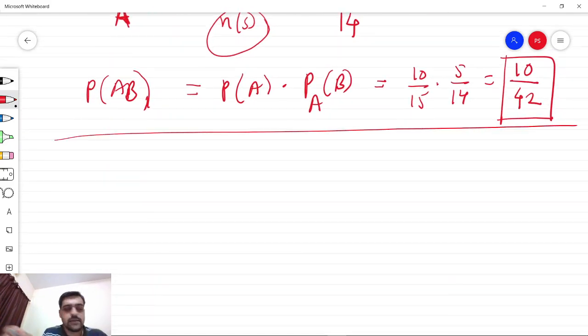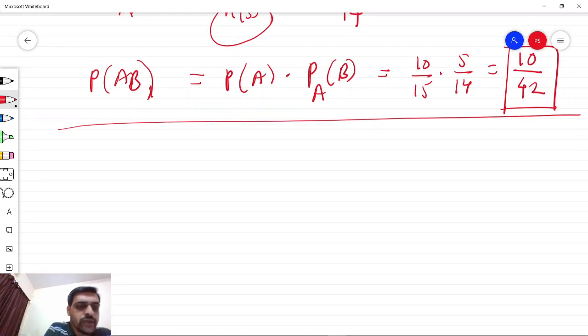Let us just have a flavor of another example which we may be looking at in the next video. Suppose we are going to toss a coin 3 times.